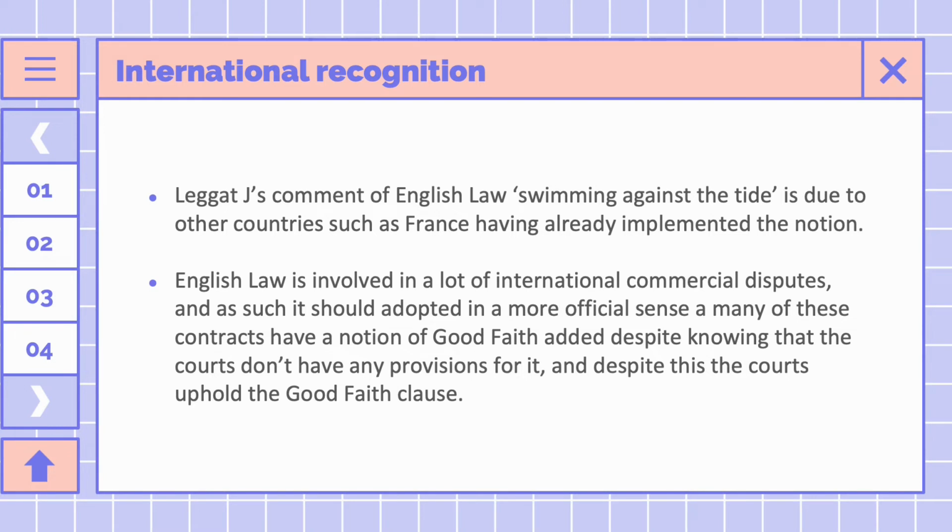So the notion of good faith should be added to the system in a more official way, as the courts don't currently have any provisions for it, despite having to uphold it. As the previous slides mentioned, not having the notion in a concrete way could potentially be contributing to a lack of standardization in its application.